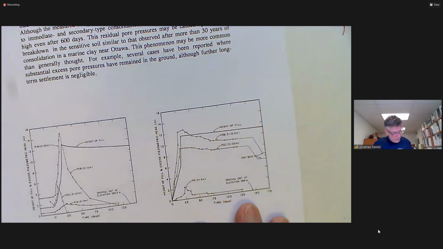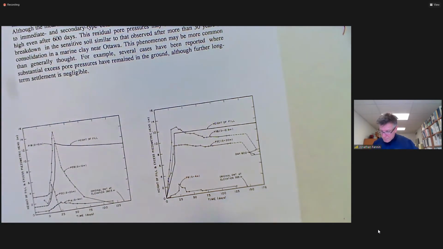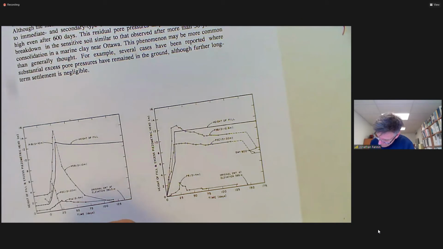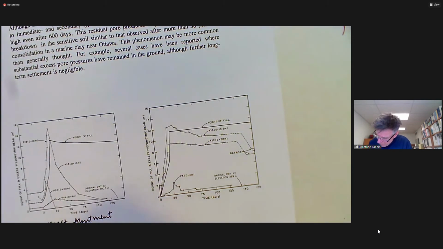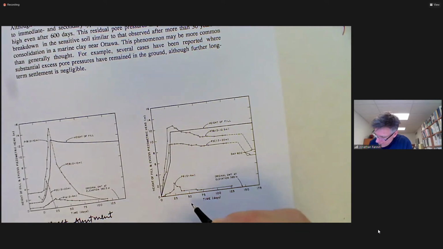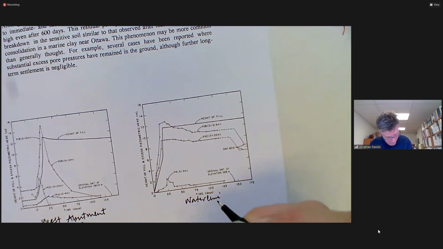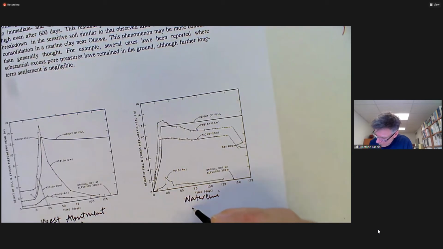But look, we have the west abutment with its data, and then with prefabricated drains, and we have the waterline fill with no PVD.